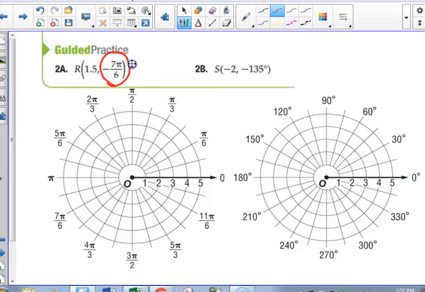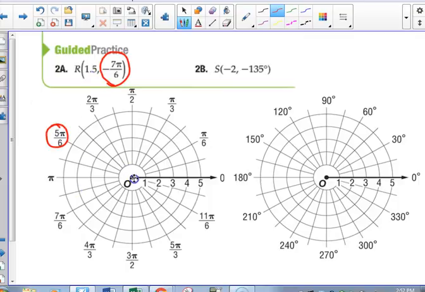You could add 2 pi to that to make it positive, okay? But you could also look, I just look and I go, okay, 7 pi over 6 would have taken me to the first labeled 1 past pi, right? But I was supposed to go in the negative direction to the first labeled 1 past pi.